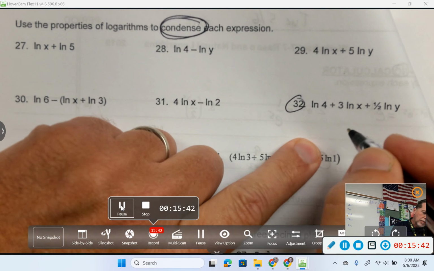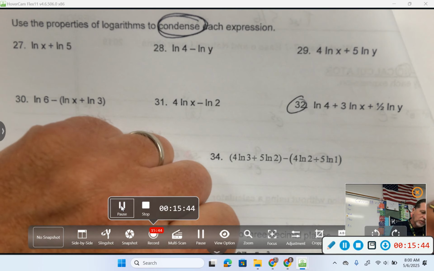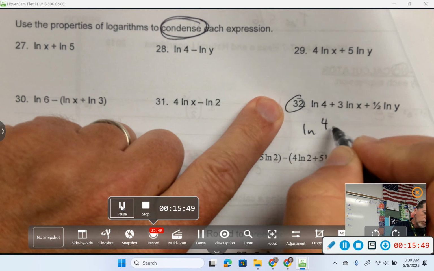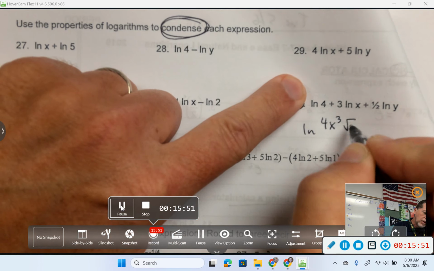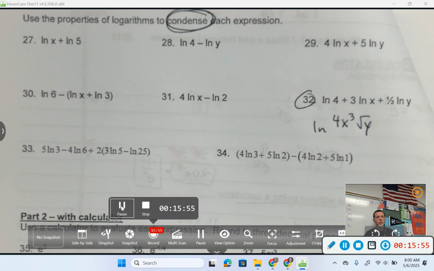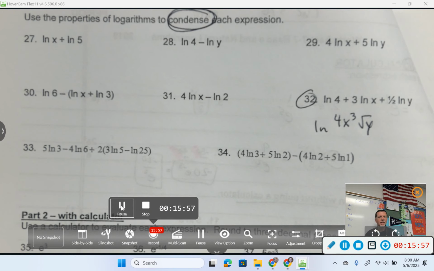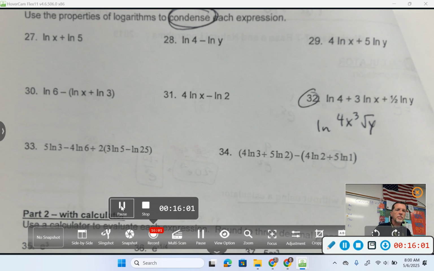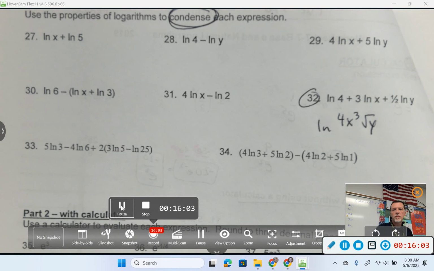Let's see. 32 is not the best choice because they're all positive, but 4x cubed square root of y. Man, when you get good at these, they go quick. So take a few minutes to try through 34.